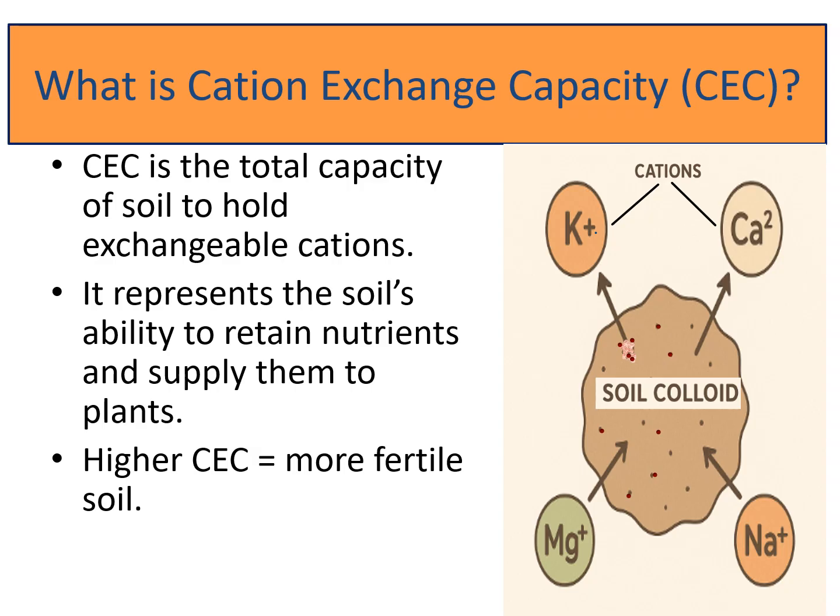So, CEC simply tells us how many of these nutrient cations a soil can hold and exchange. Higher CEC means soil is like a nutrient bank with a large storage capacity of cations. So, higher CEC means more fertile soil.